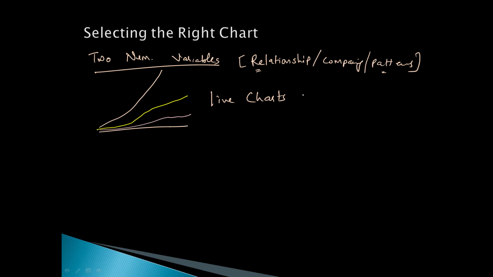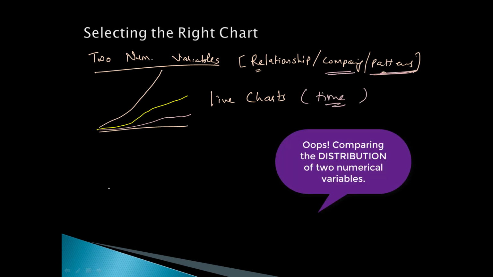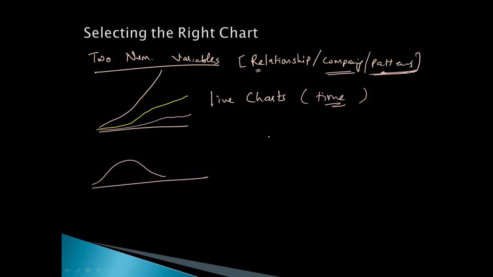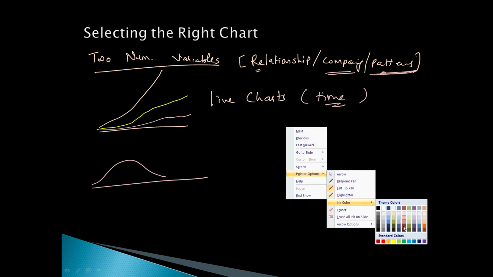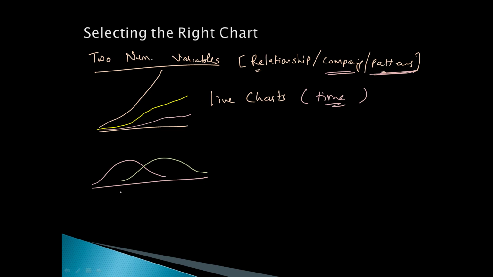As of now, you see that if you want to see patterns in the data with respect to time, we use a line chart. Now, if you are comparing two numerical variables, you can plot the histogram or the density plot of both variables on the same chart. So you will get an idea how both variables are behaving. Maybe you have two variables, age and weight, and you see that both distributions are symmetric, but their average values are different.